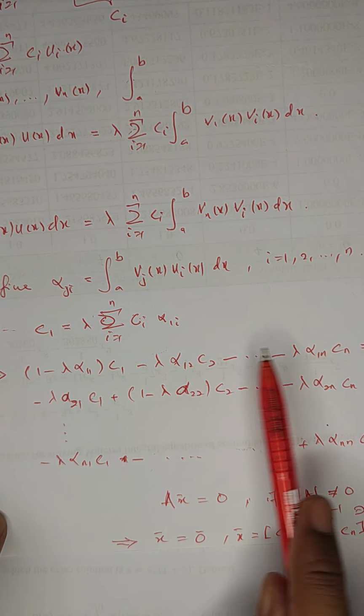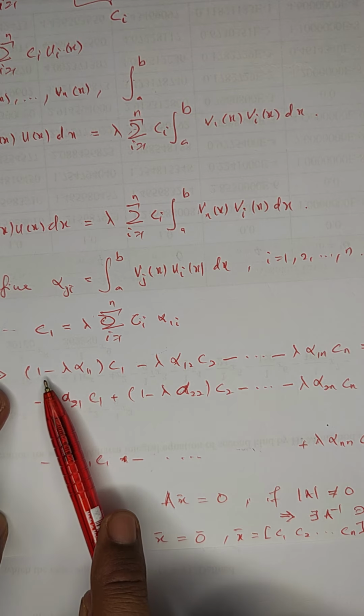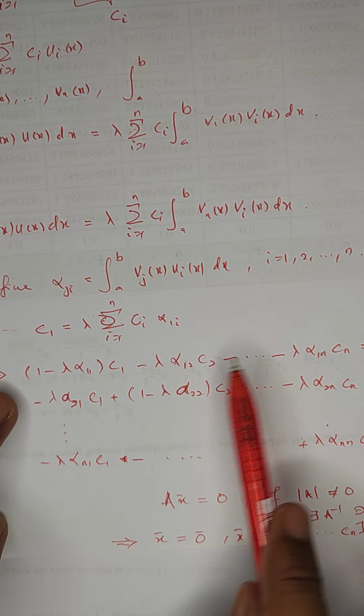Of course you can write this in terms of a matrix where this is the component, that is the component, and so on and so forth.